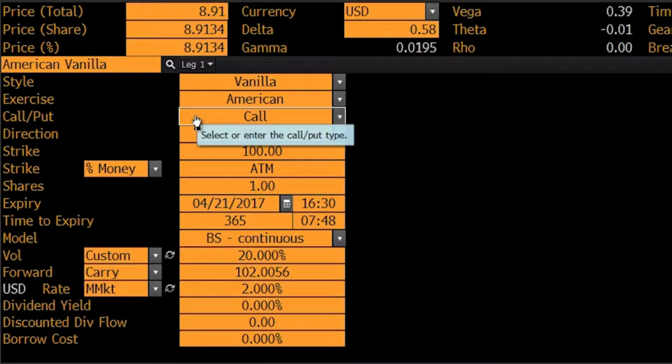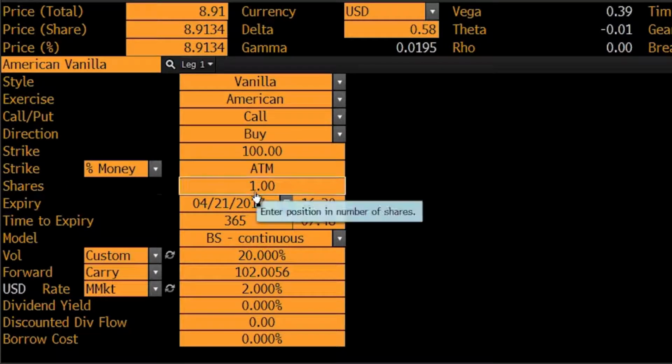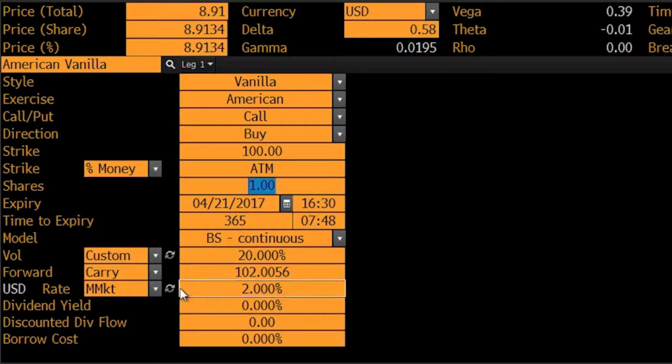There is also a rule of thumb that when clients deal with strictly over-the-counter options, they tend to leave the multiplier as 1 share per contract. This is a differentiator between listed and OTC. Now, there is, of course, a hybrid in the middle. Sometimes clients will deal in flex options or listed lookalikes, and those listed lookalikes would have a 100 share multiplier. For the moment, I've left it as 1.